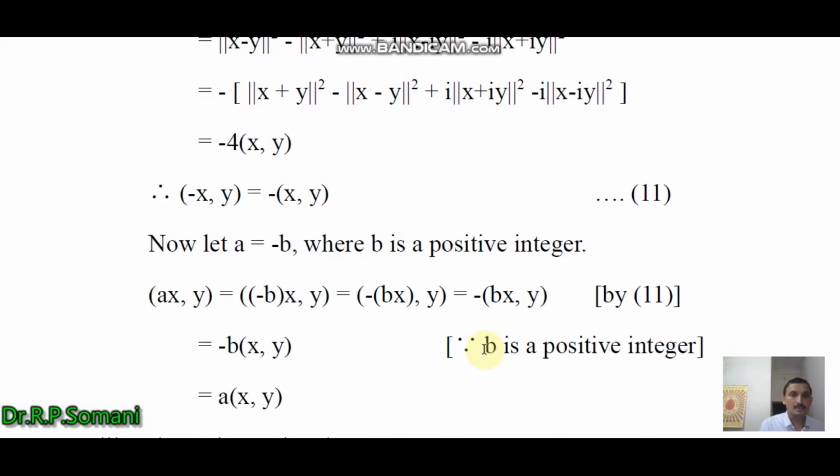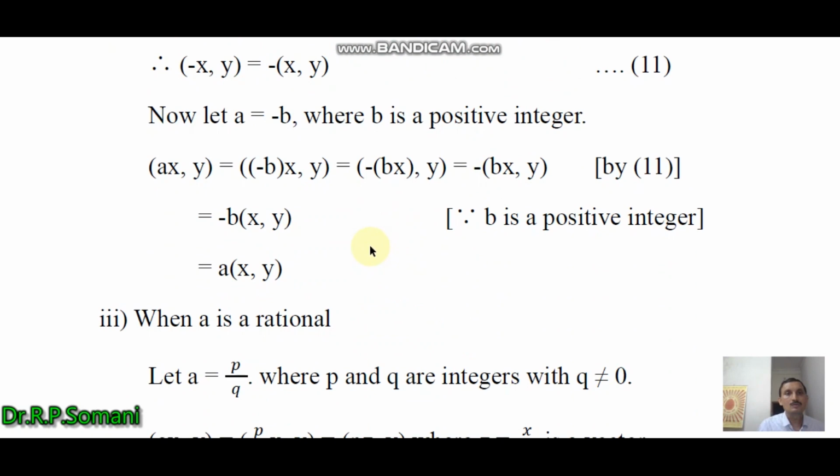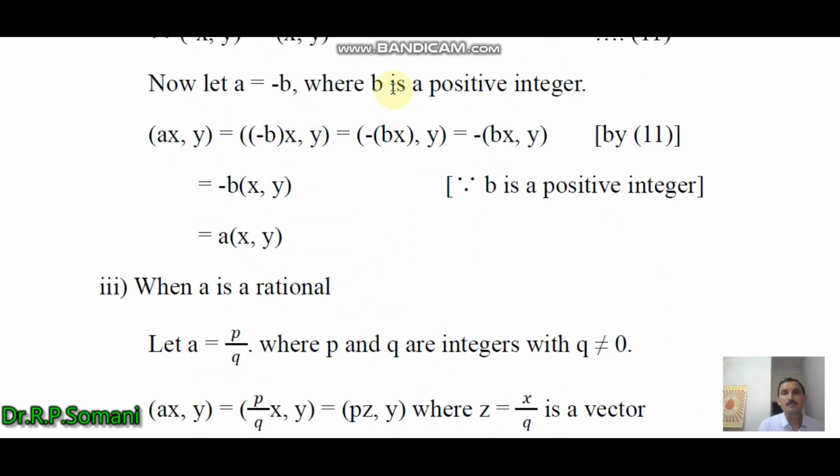Now let a equal to minus b, where b is a positive integer.